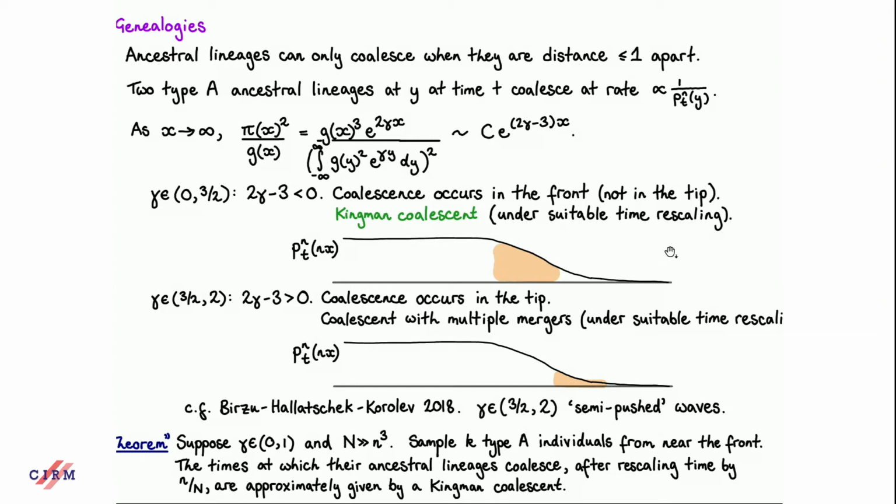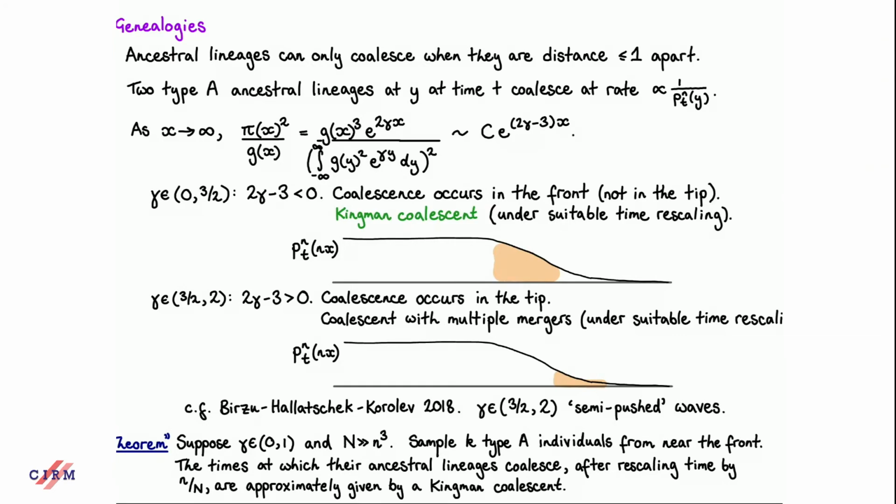So what the heuristic suggests here is that the selection and the spatial structure in the model create this speed and shape of traveling wave that creates the motion of the ancestral lineages and their stationary distribution, which in turn means that the coalescent that you get is actually the neutral coalescent that you would expect from a neutral population with no spatial structure, the Kingman coalescent.